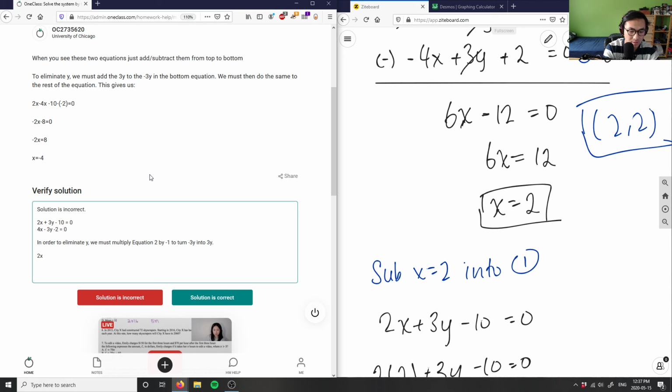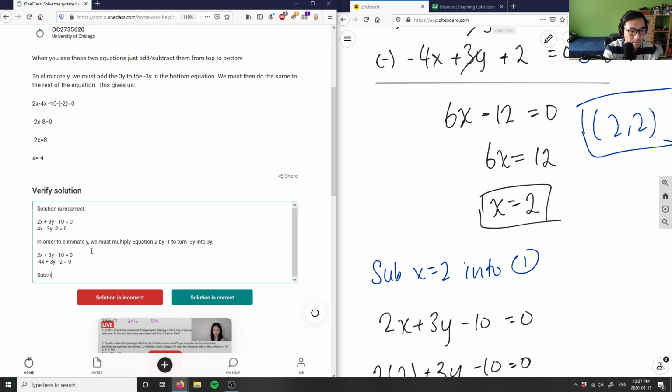So I'm going to copy and paste this, sorry, just to correct their solutions here. So I'm going to have -4x plus 3y. And then minus 2 equals 0.